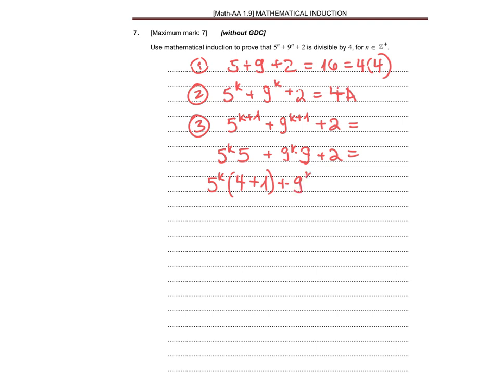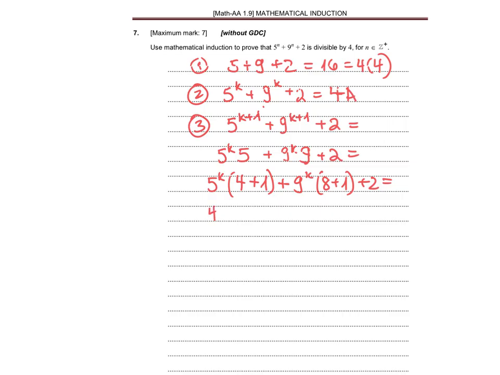Here, we have two multiples of 4 within 9. We have 4 plus 5 is 9, and we have 8, which is a multiple of 4, and 1. And we need that one because we have the 9 to the k up here. And then we have still plus 2.